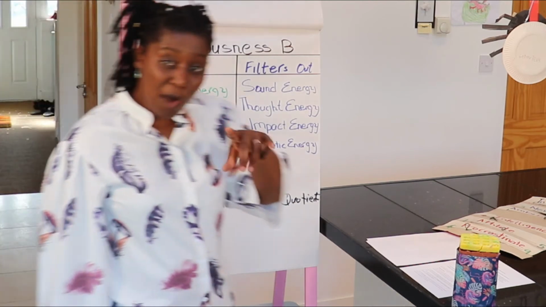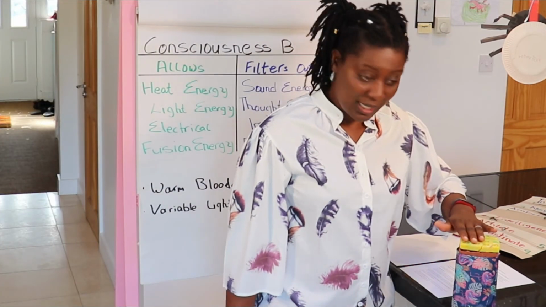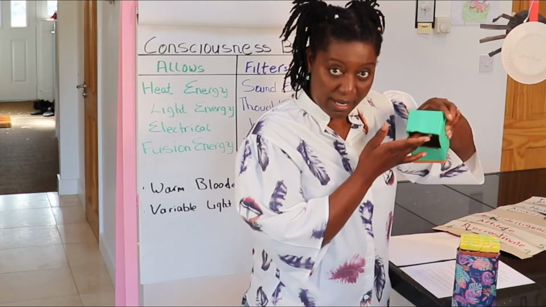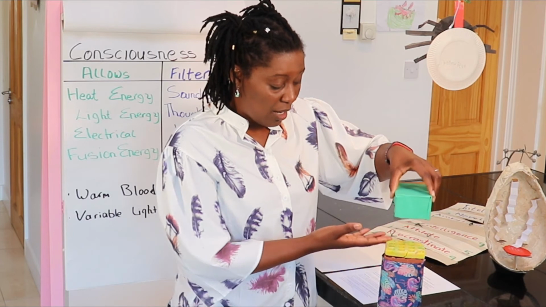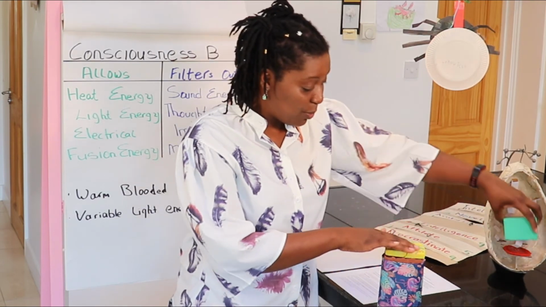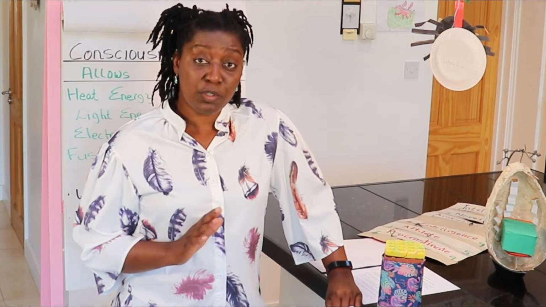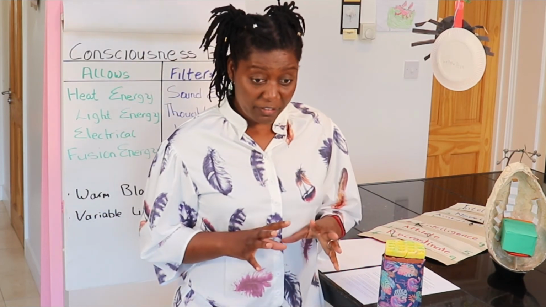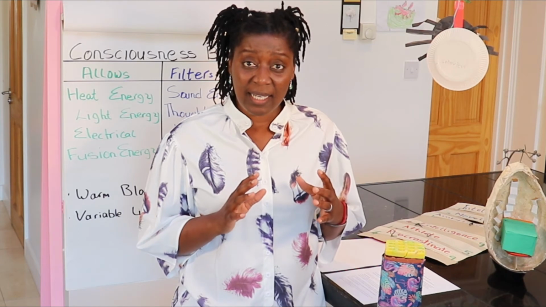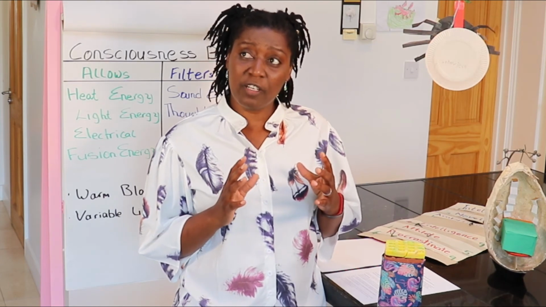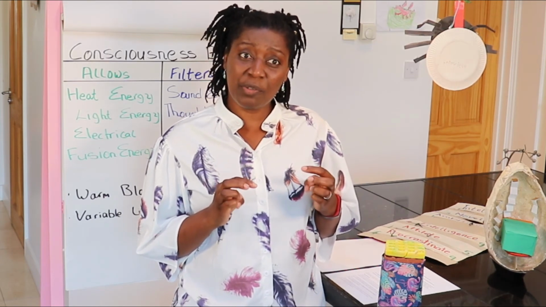Your light energy, however, I said there's a smooth side facing the mind. And so your light energy, what happens is that smooth side is also reflective. And there's like a degree of reflection.